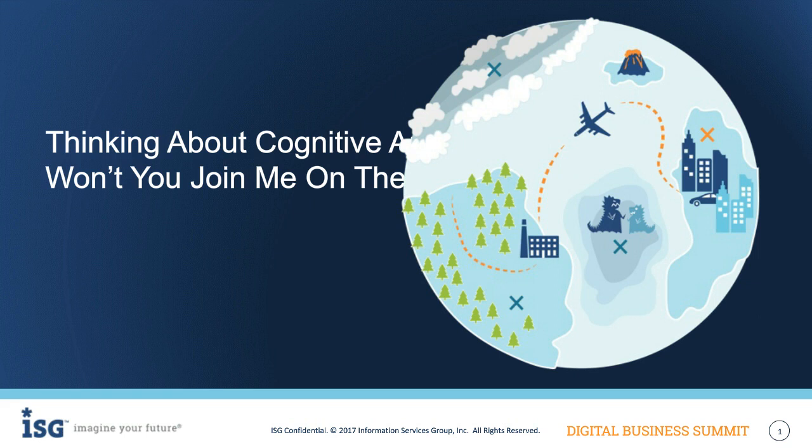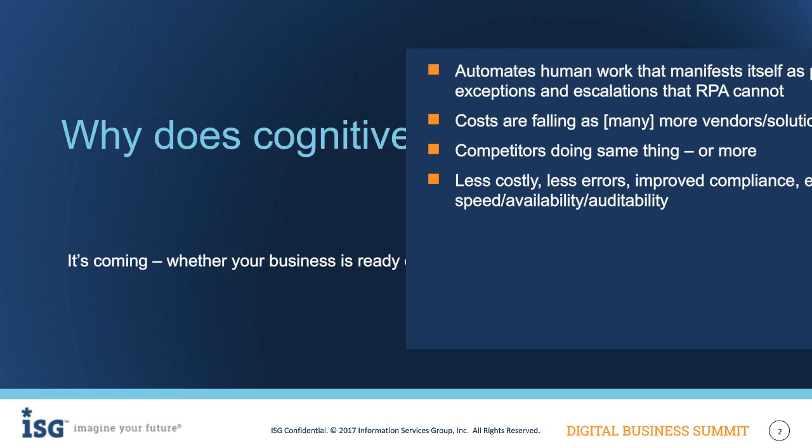The first point of this slide is, why does cognitive matter? Because frankly, I think we all know it's coming. You can't pick up a newspaper or look at internet news, or even watch TV in many cases without hearing something about cognitive or artificial intelligence. And there's no doubt that it's coming.